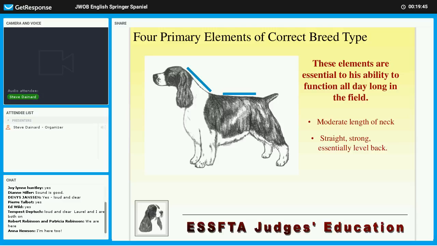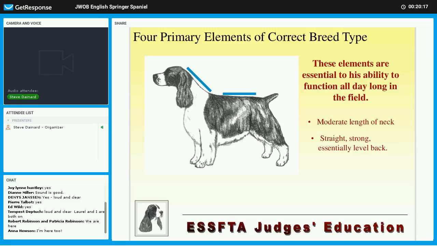Again, moderate length of neck, a straight, strong, essentially level back. I would ask you to consider that many handlers will try to crank a dog into more of an extreme silhouette, okay? And that's okay. I'll ask them to change it, et cetera. I gather that people have their style as far as presentation is concerned, but what I would really ask you to consider is how is that dog holding its shape on the go?